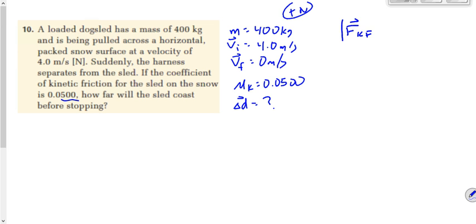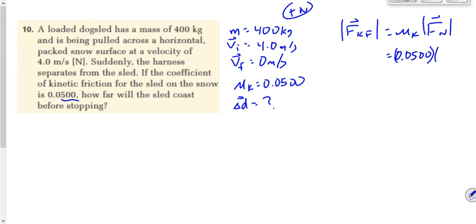The force of kinetic friction is mu times the normal force. Is that valid? Yeah, absolutely. Is it going to help me? Probably. But the worst case scenario is that I do it and it doesn't help me. It's not going to give me the wrong answer. You don't have to know what you're going to do with the force of friction, but if you can find it, find it. Mu is 0.0500.